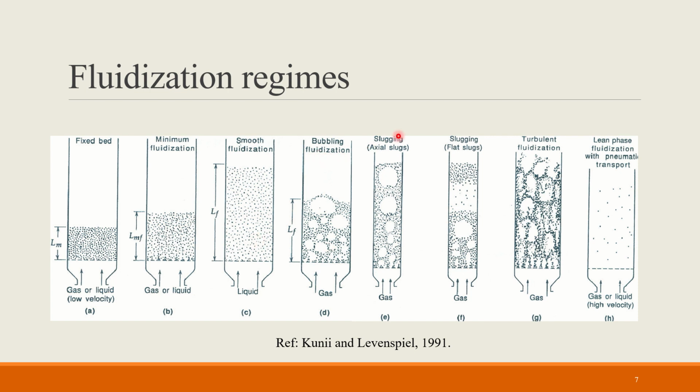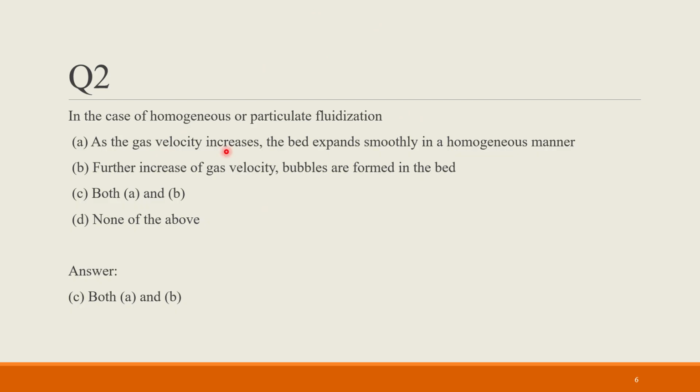After which the slugging regime, axial slugs, flat slugs, turbulent fluidization, lean phase fluidization with pneumatic transport, everything else comes into play. But in this question, the focus was between these two. So as the gas velocity increases, the bed expands smoothly. And with further increase of gas velocity, bubbles are formed in the bed. Both the statements are right.